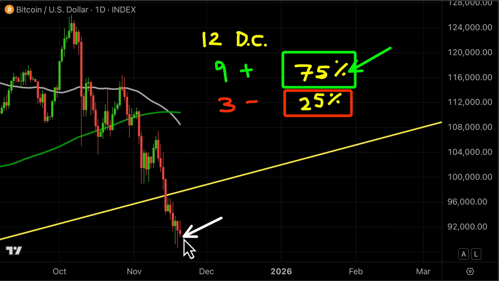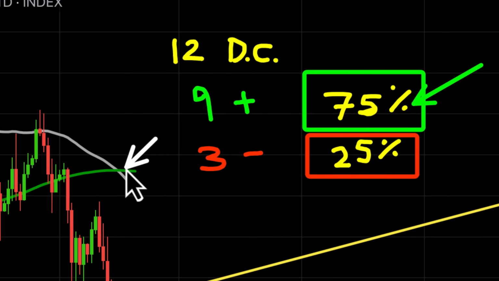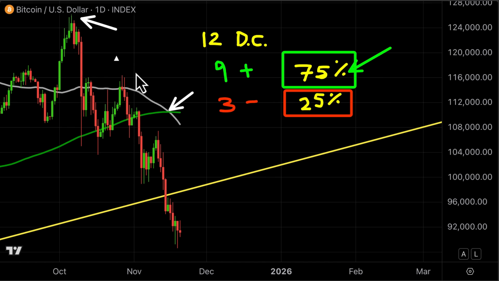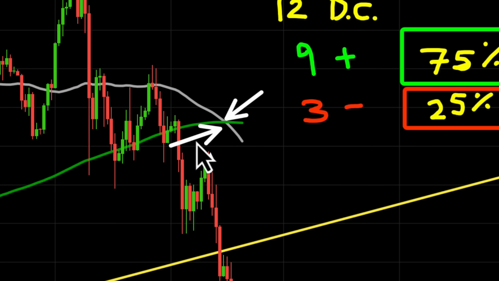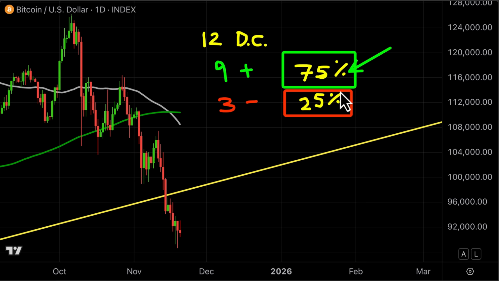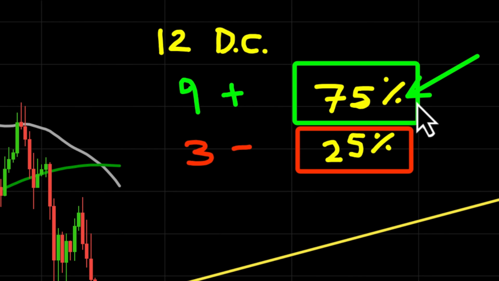Now, even if it continues to push a bit further lower, which is possible, nevertheless, let's not forget, based on what we saw in this video, every example of a death cross signal, the balance of probabilities seems to show that after a death cross signal occurs, especially after an all-time high, and also the fact that we had a rising 200 moving average here before that death cross signal occurred, again, the balance of probabilities seem to favor that in the next 1 to 3 months, we could see a strong bounce or a rally.